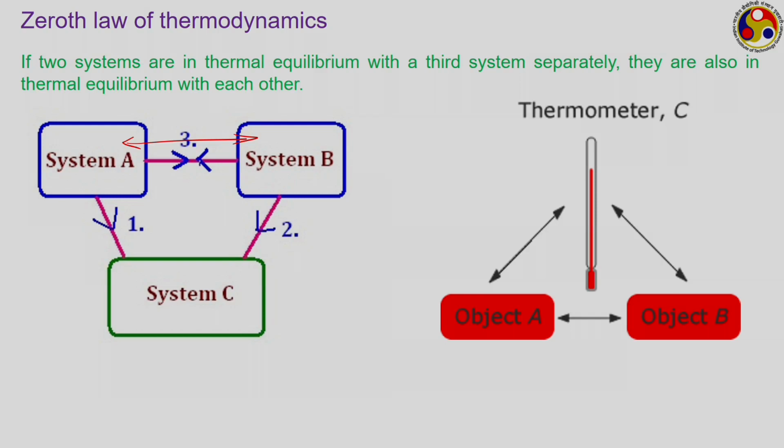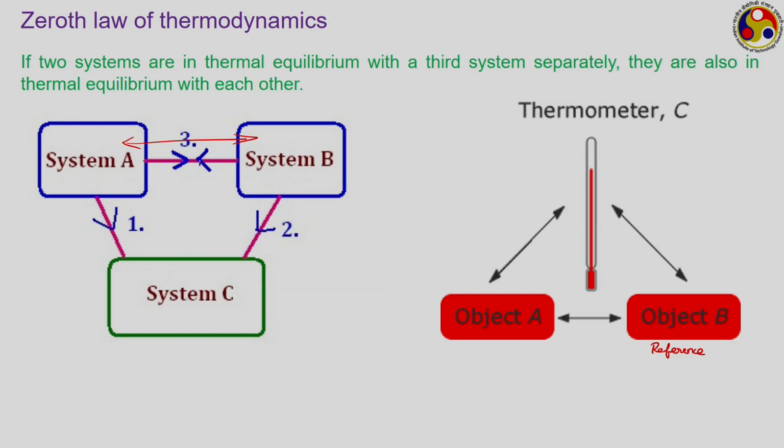So, in a thermometer, the reading that we get by taking it in contact with our object A, which is the target, if we get the same reading when we take this one into contact with some reference object with some known properties, then you should say that both object A and object B, that is the reference, are in thermal equilibrium with each other. So, that is the first idea.